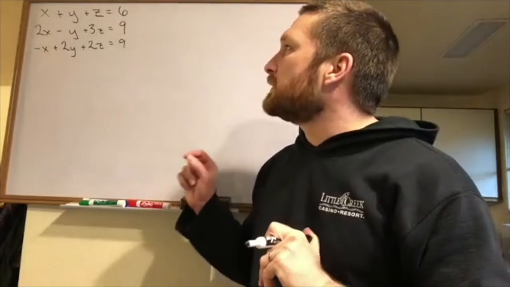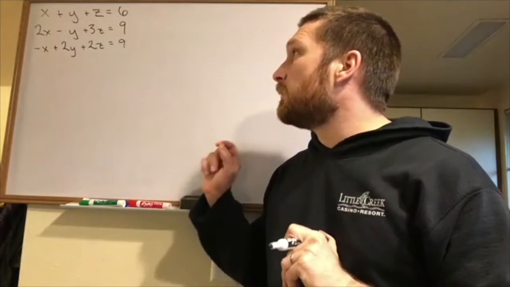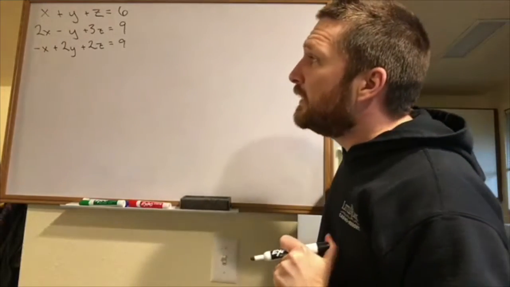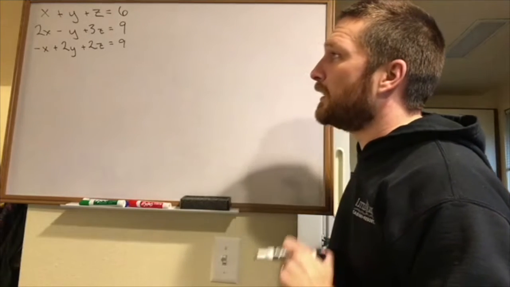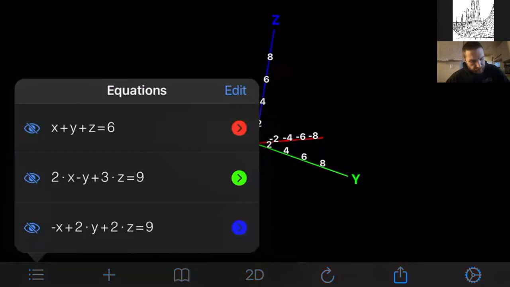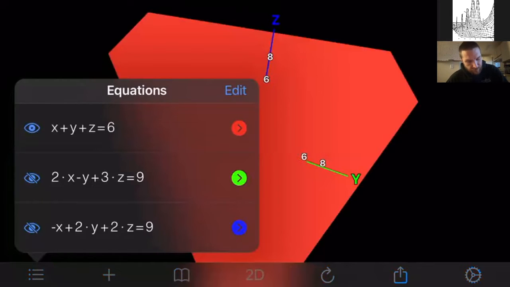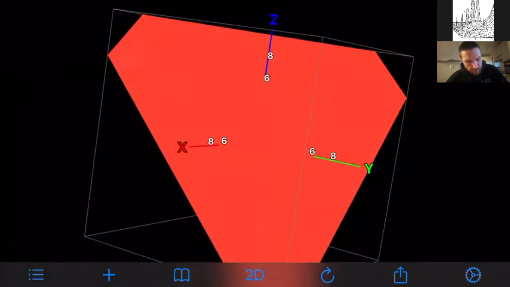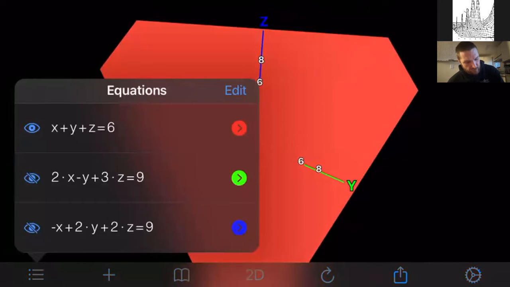x plus y plus z equals 6. 2x minus y plus 3z equals 9. Minus x plus 2y plus 2z equals 9. Our system that we're graphing, I'll show you the first plane, x plus y plus z, looks like that. Our second equation, 2x minus y plus 3z equals 9, we're going to do in green here.